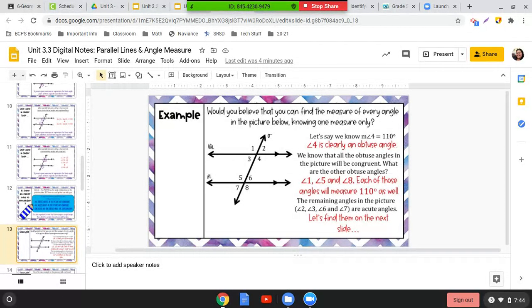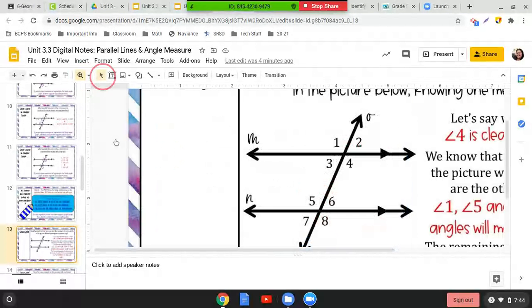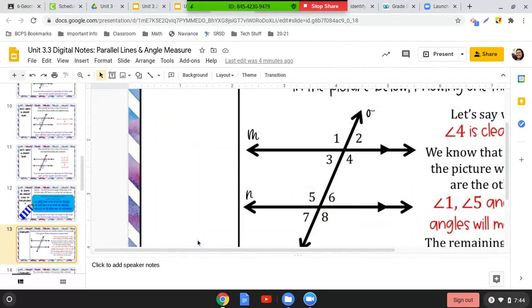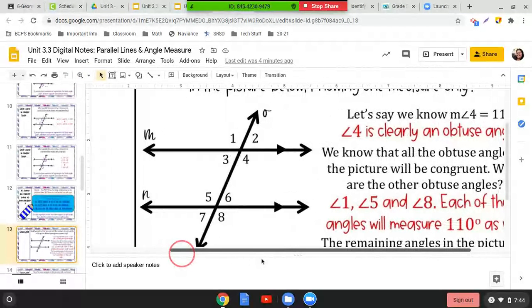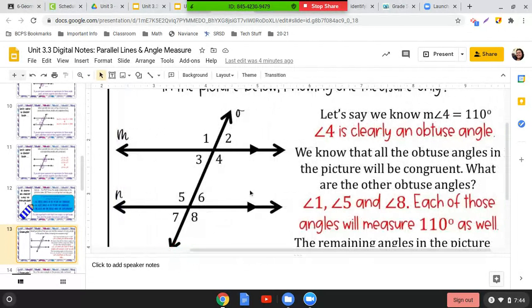You can. And we're getting ready to do it right now. So let's say we know that angle 4 right here is 110 degrees. So let's label it.